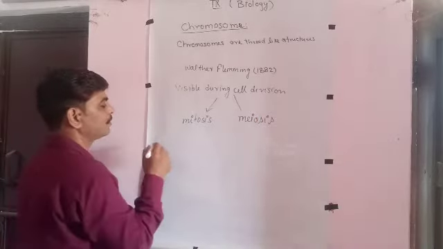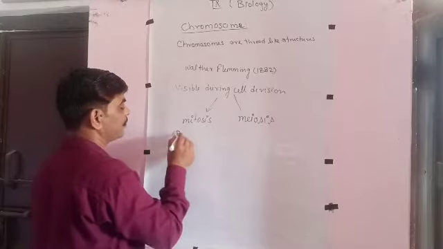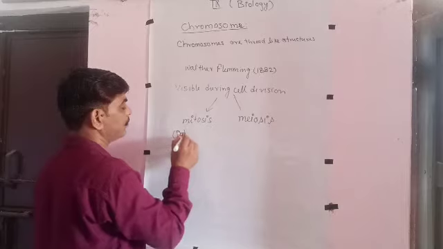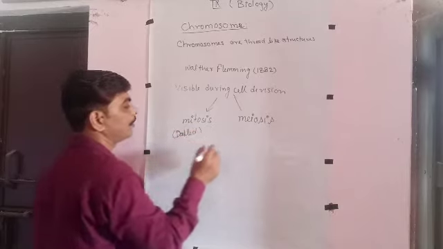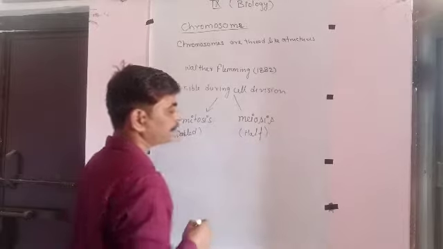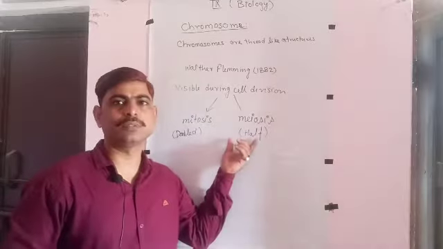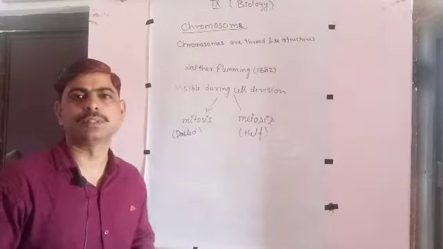In mitosis, the number of chromosomes is doubled, and here it becomes half. This is reductive division, and this is multiplicative division.